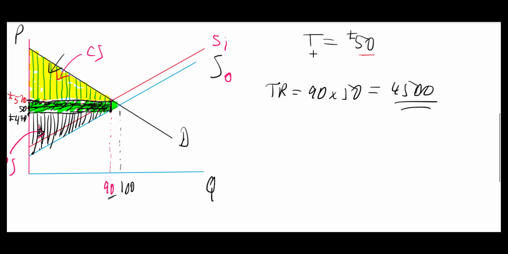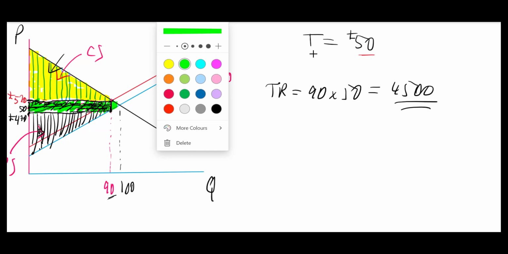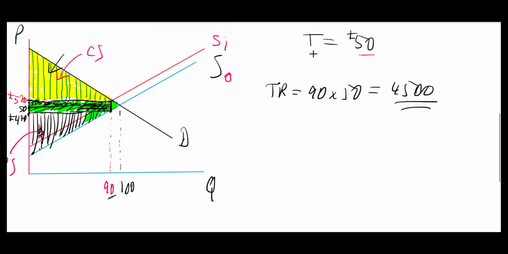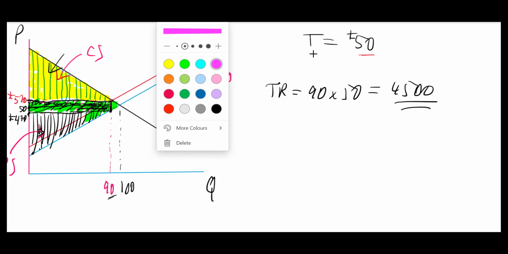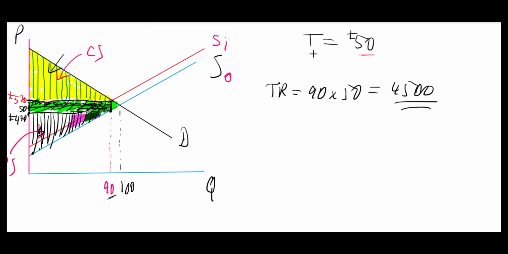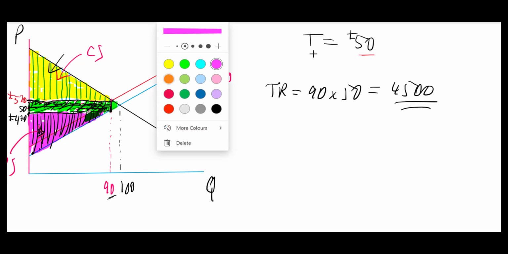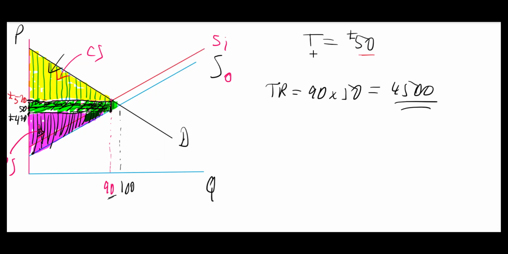And producers are capturing this area. Oops, I chose the wrong color, so it's this area here. That's producer surplus all the way up, and no one is capturing this area. This is no one's benefit. It's simply called deadweight loss. This is the loss of welfare, deadweight loss, and no one is capturing it.